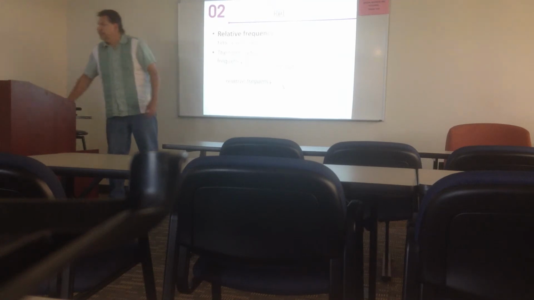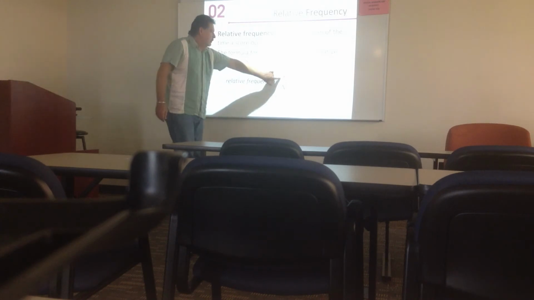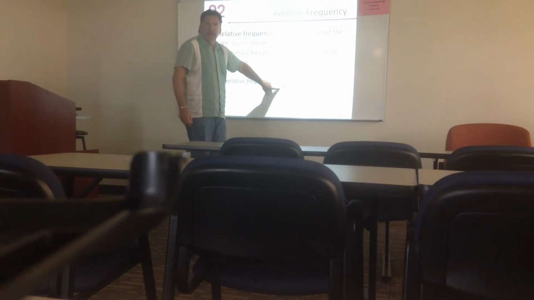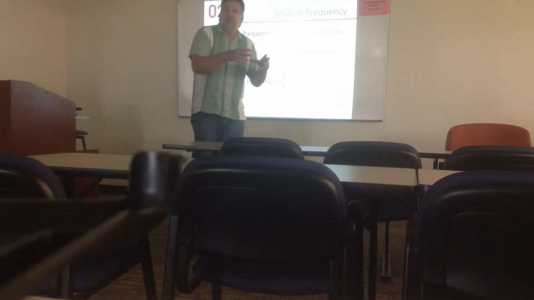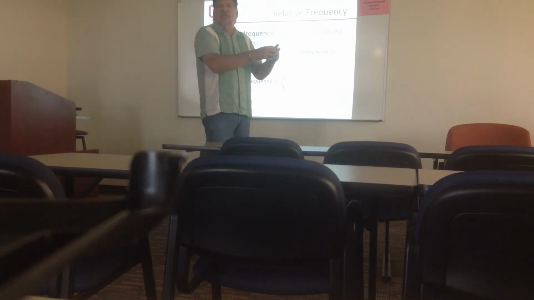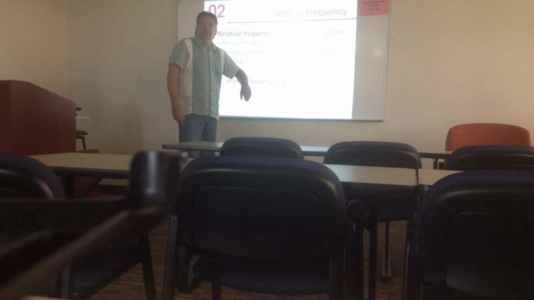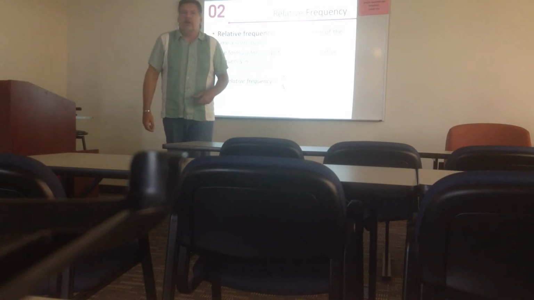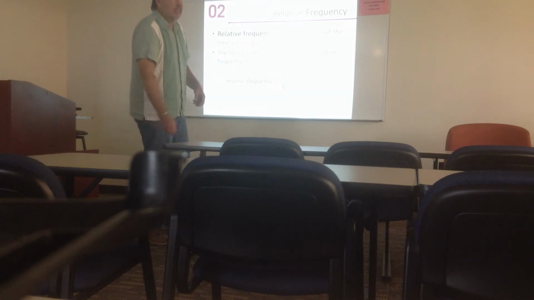Relative frequency. Well, relative frequency is basically frequency over the number of observations in a data set. We want to know how relevant a particular number is to the rest of the data. By dividing frequency over the observations, we can get a percentage of frequency, how relative that is in percentage.